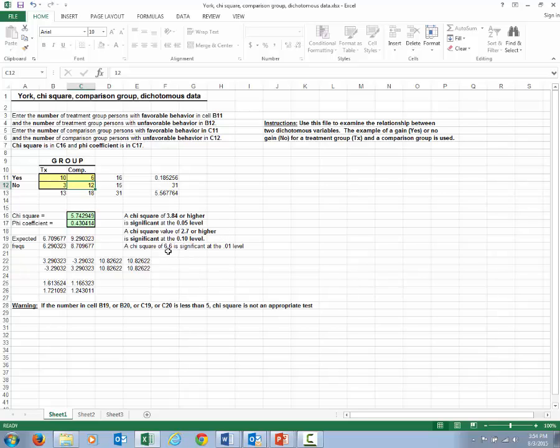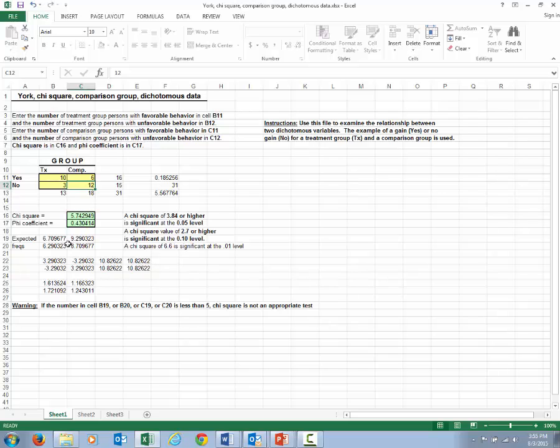And a chi-square value of 6.6 is significant at the 0.01 level. We did not achieve 0.01, but we did achieve 0.05 because 5.74 is higher than 3.84. So this chi-square value achieved a p-value less than 0.05, the normal standard in the social sciences.